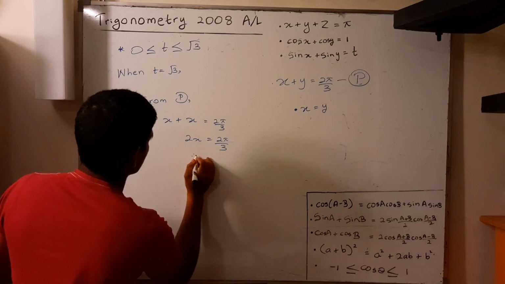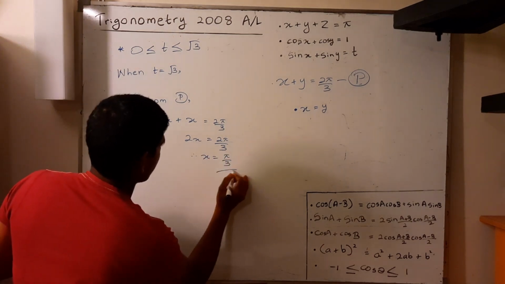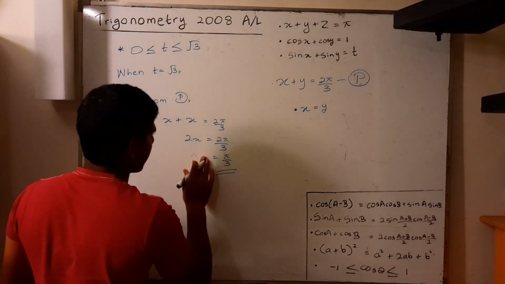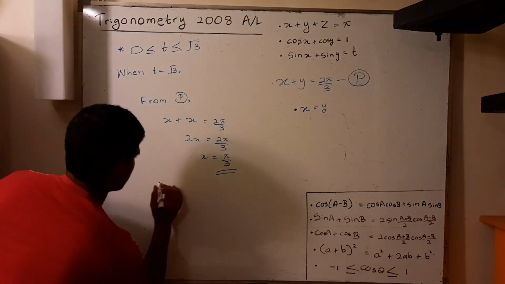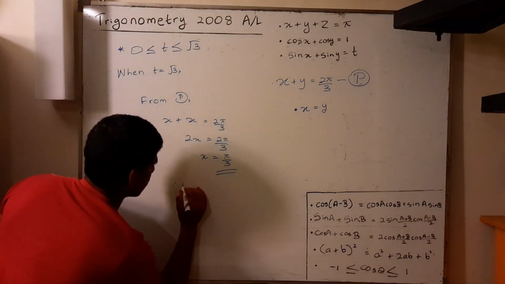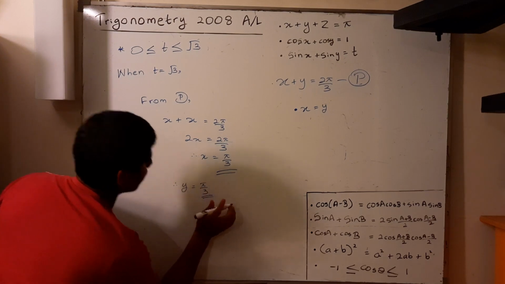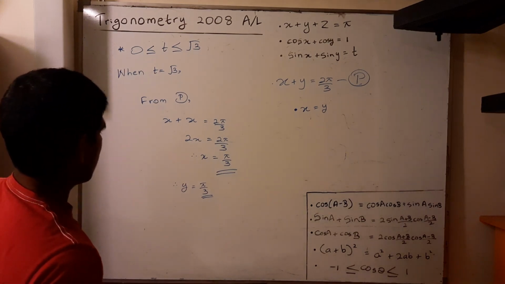So that means x equals pi over 3. So yeah, we found one of the three things that we have to find. So now since x is equal to y, we can say therefore y equals pi over 3. Now we found 2. And now finally find z.